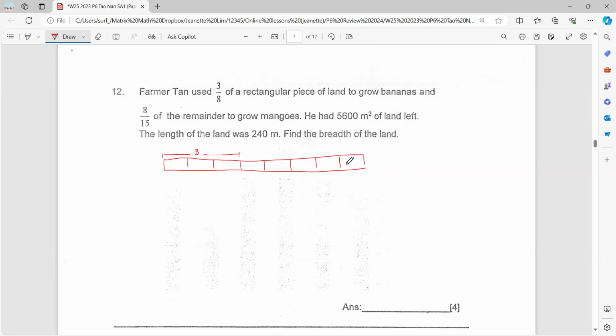Then for the remainder, I need 8 out of 15. So I need 15 units, but I'm not going to cut it into 15 units. I'm just going to do this. 8 units here, 7 units here. So 8 out of 15 for mangoes. This is 7 units because 15 minus 8. Okay, the leftover 7 units. So this is 5600.